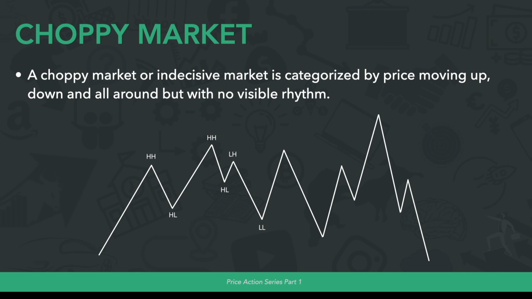Then sometimes we'll have a lower low, and then higher high, lower low, lower high, higher low, higher high, lower low, lower high. So, it's quite messy. And in this kind of market condition, it's very hard to find a trade. So, when the market is like this, it's much better to move to another currency pair or another stock, if you're trading stocks, right? Because the market is very unclear, very indecisive.